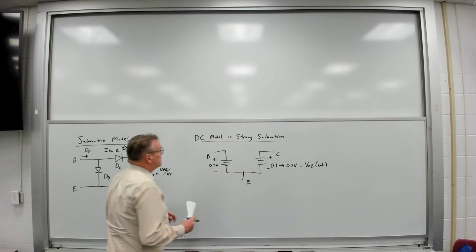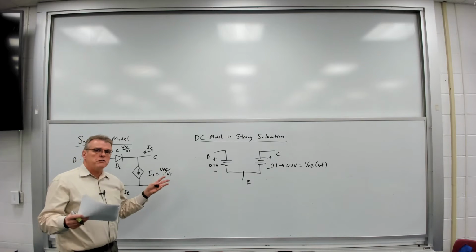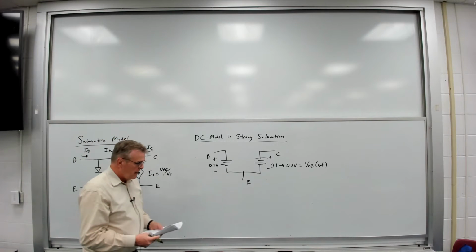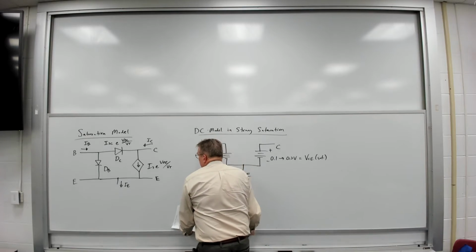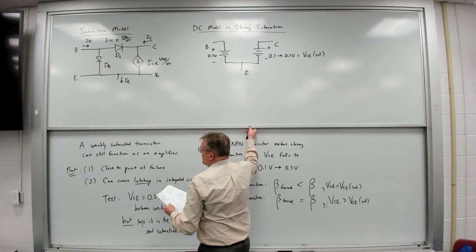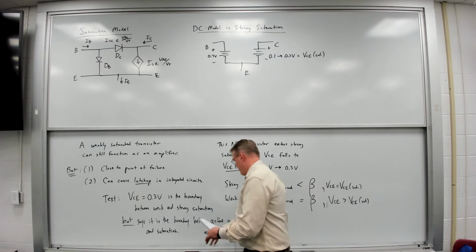Okay, so having now looked at this definition of weak versus strong saturation, let's work another couple of problems here and wrap up with some DC analysis of BJTs.